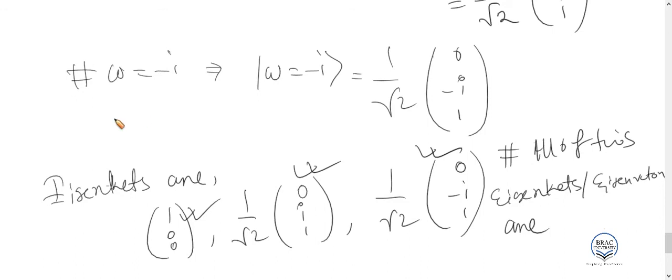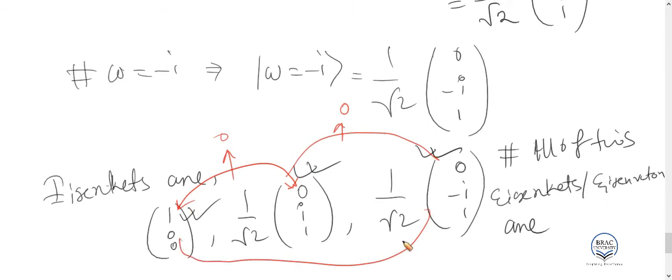That is, if you take the inner product of these two, that will be 0, or these two, that will be 0, or these two, that's 0 as well. The reason we are saying orthonormal over here is because I am using the normalized ket, and orthonormal means you have vectors whose inner products are 0 and they have a unit norm. This is just some terminology, but the main idea is that whenever there is no degeneracy, something we are not considering in this video, your eigenvectors will be orthogonal to each other.